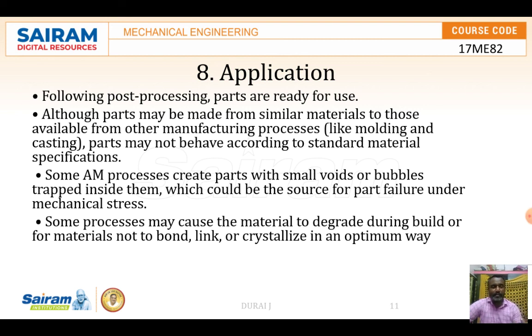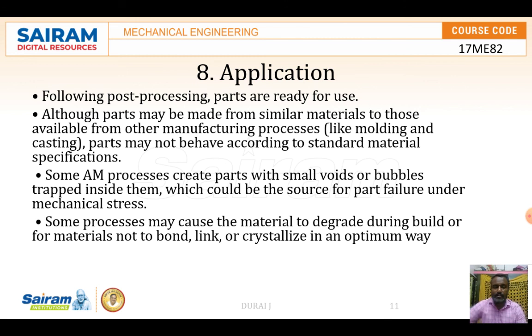Normally, when the layer thickness is larger, some cavities are possibly formed in between, which makes the component prone to failure. So that has to be taken care of. Some processes may cause the material to degrade during the build, or the material may not bond, link or crystallize in an optimum way. So this is the application stage.